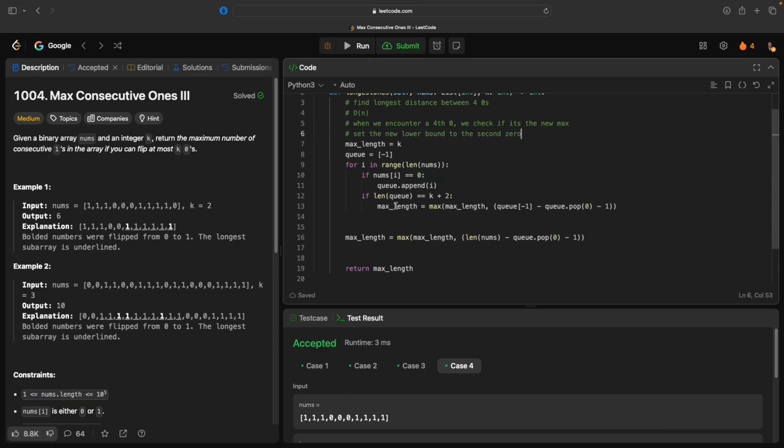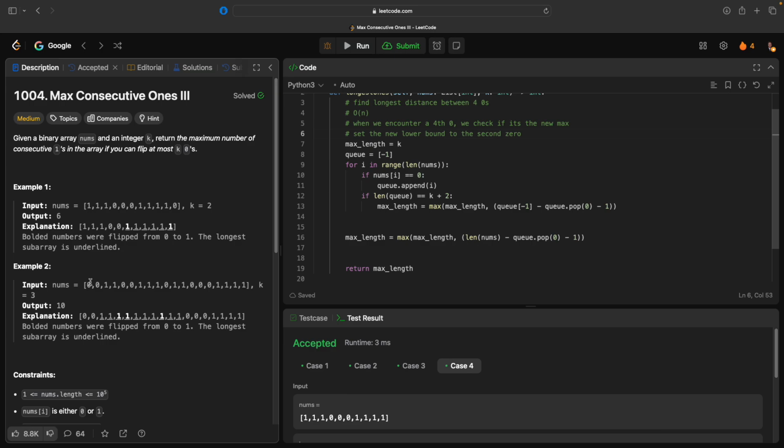I realized that what matters is not counting everything. It's counting the largest distance between k plus two zeros. At first I thought it was k plus one, and then I realized it's k plus two. Let's say that k is two. So we're looking for the largest distance between k plus two zeros.